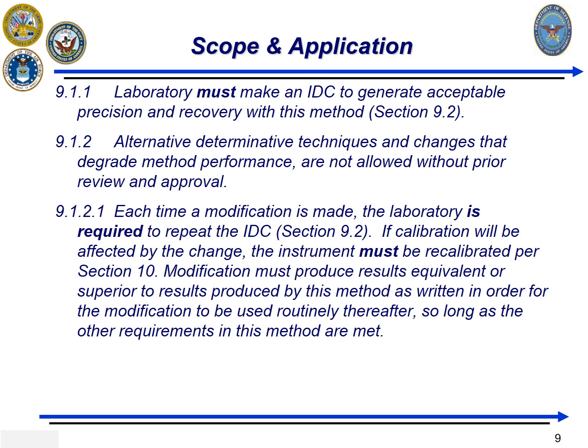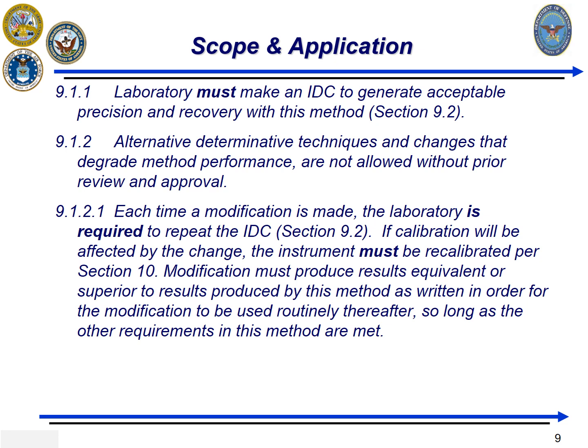Like other EPA methods, the laboratory is required to make an initial demonstration of capability that generates acceptable precision and recovery with this method. That section that covers that is section 9.2. The method also, like other methods, prohibits the use of alternative techniques and changes to the method that degrade the method performance without prior approval, and requires another initial demonstration of capability to be performed every time a modification is made to the method.